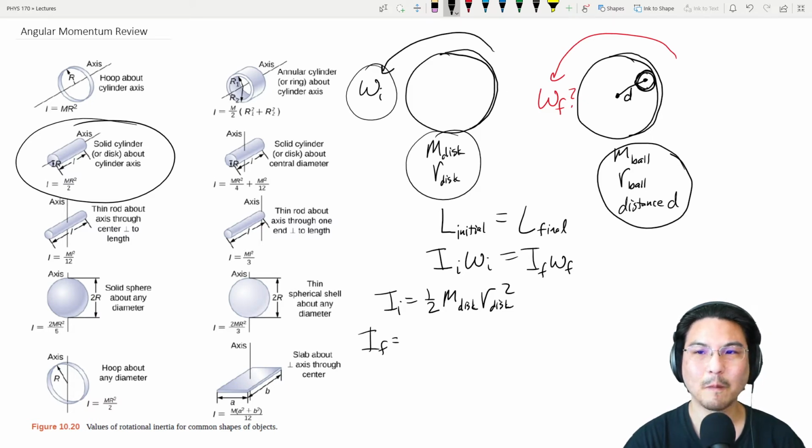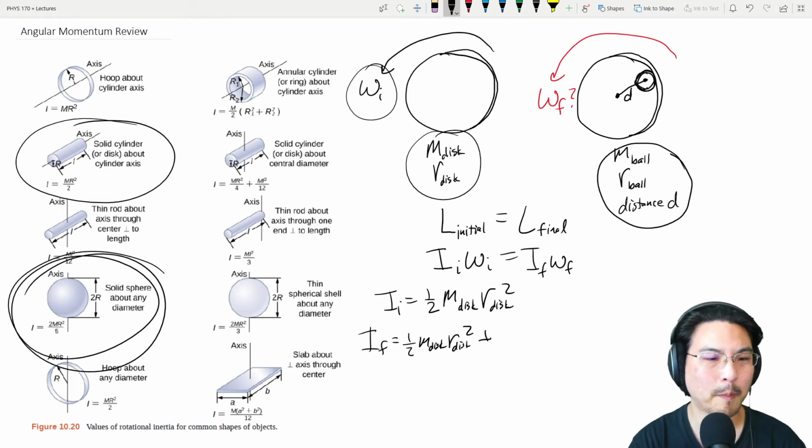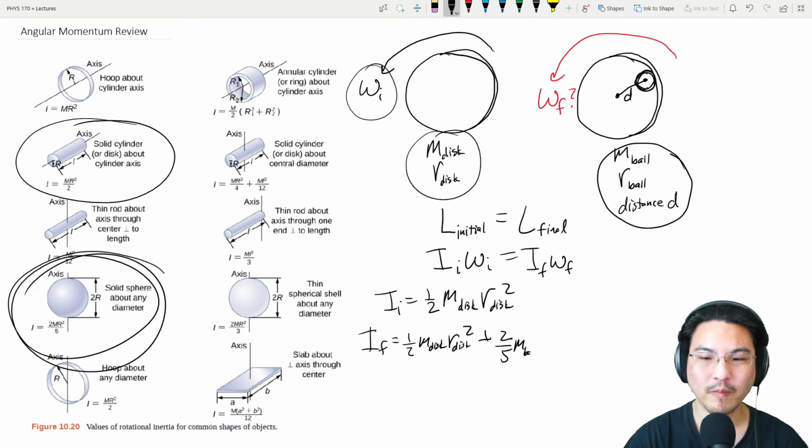Okay, so it is the pottery wheel, 1/2 m r squared, plus the ball of clay. So ball is like right here, solid sphere, 2/5 m r squared. But that's the ball about its own center of mass. It's not rotating about its own center of mass.